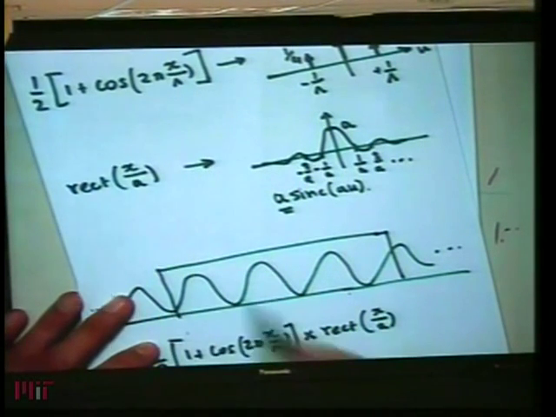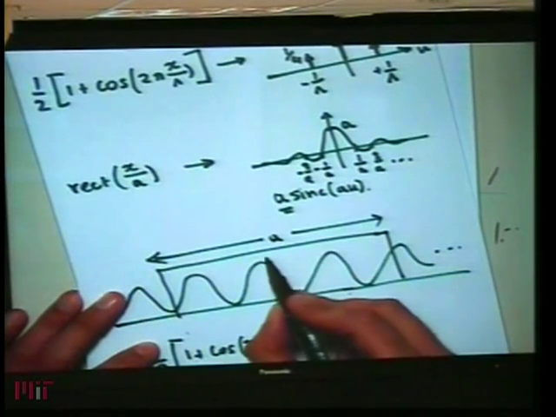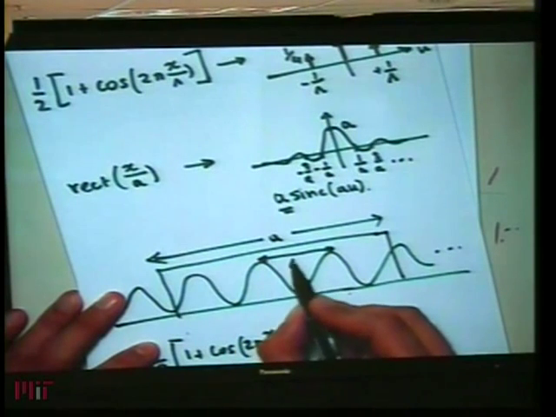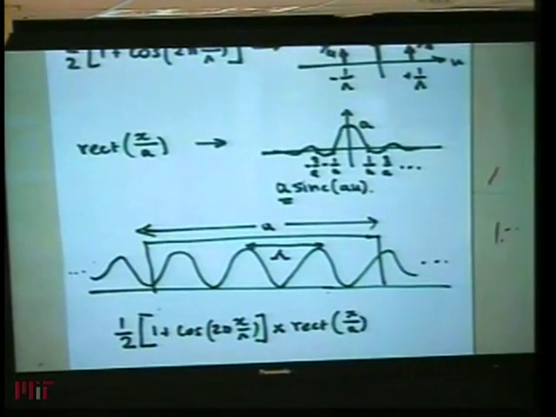The way I've written it, the width of this boxcar would be a, and the period of the grating itself would be uppercase lambda. Of course we can go ahead and compute this Fourier transform analytically, but that would be quite painful.